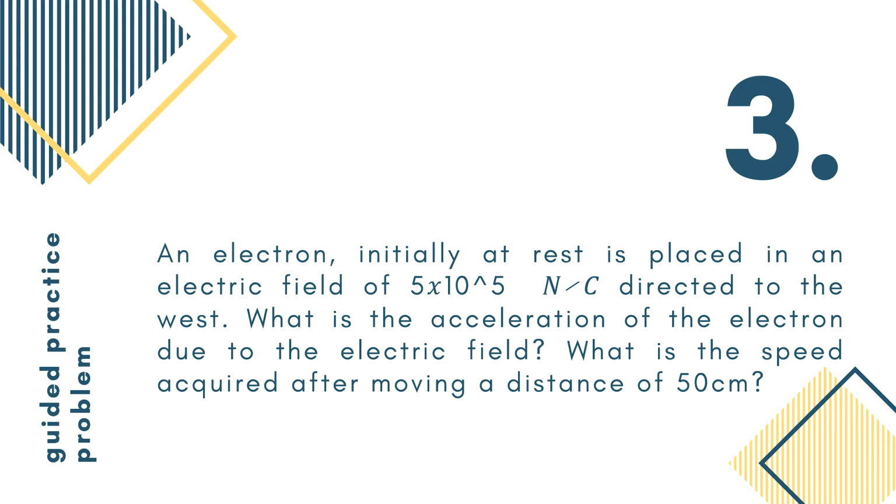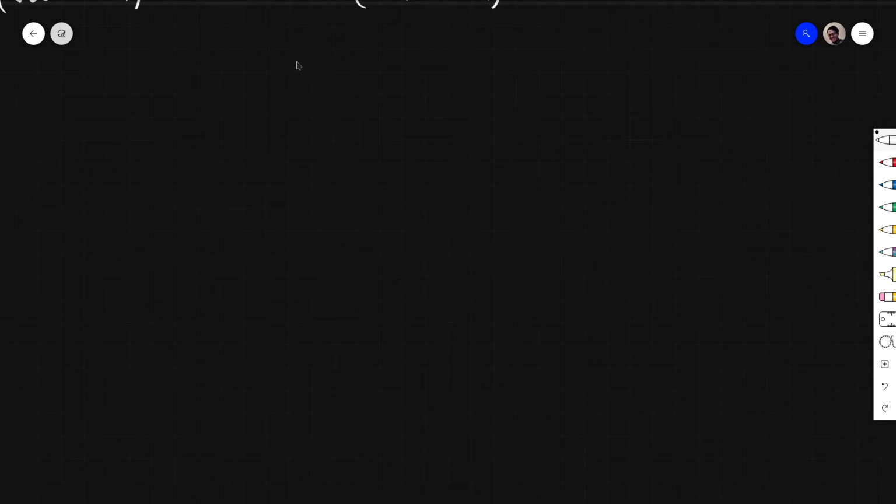So an electron which is initially at rest is placed in an electric field having a strength of 5 times 10 raised to 5 newtons per coulomb directed to the west. So that means we're going to place the electron on the west side of the electric field. We're going to determine the acceleration of the electron, and then the speed it will be acquiring after moving a distance of 15 centimeters.